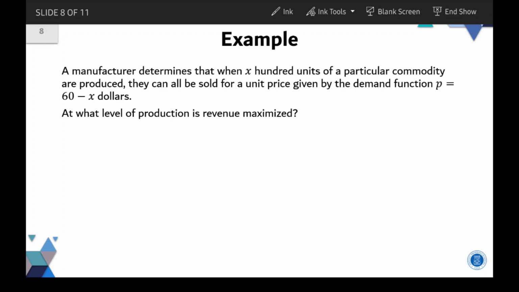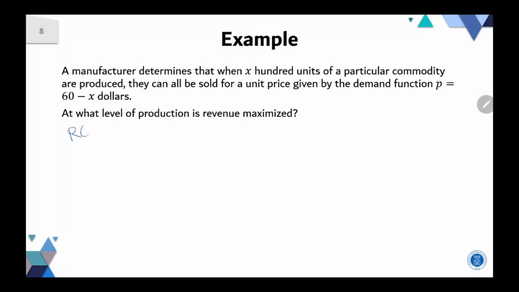The question is, at what level of production is revenue maximized? To answer this question, of course, we have to know the revenue function. Remember, the revenue function is the number of units being produced, which is x, times the unit price.